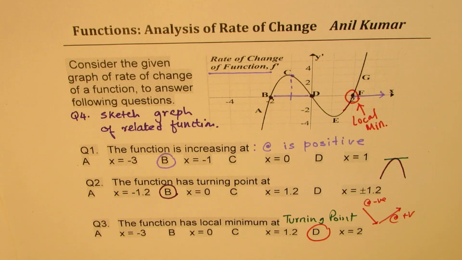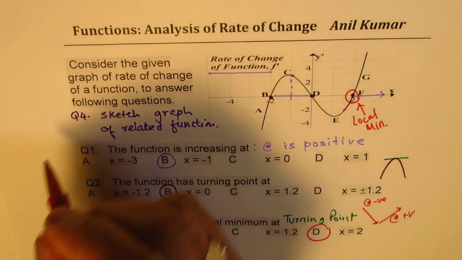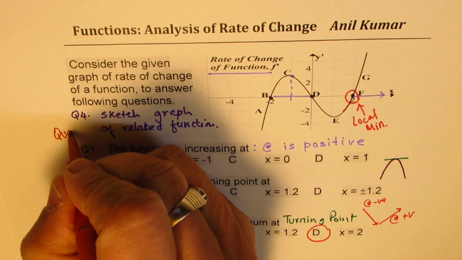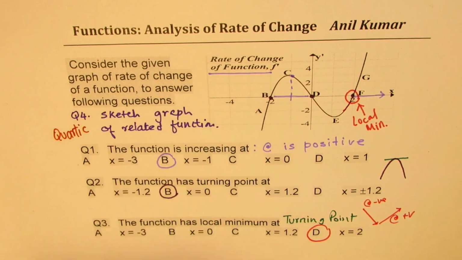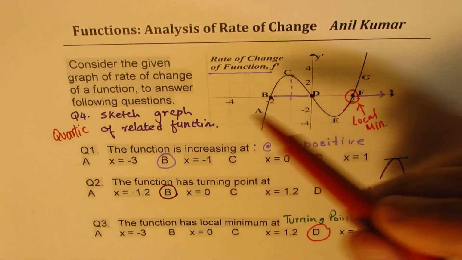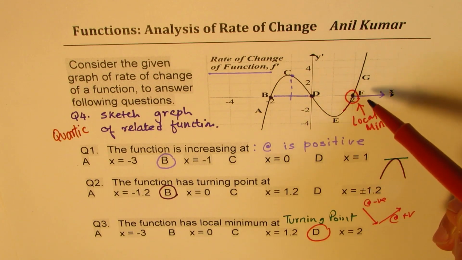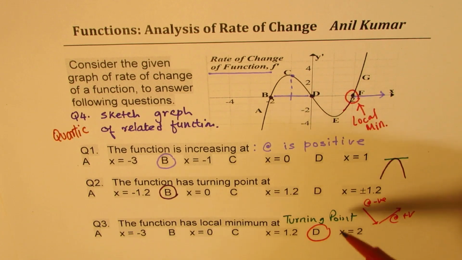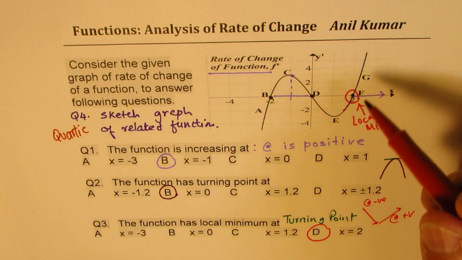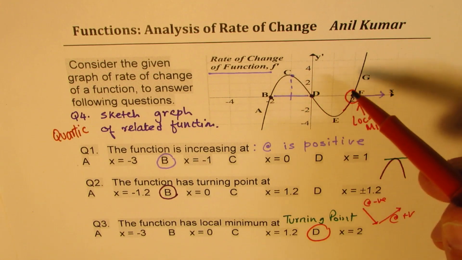So what do you expect? So the graph of this should be quartic, correct? So I'd like you to sketch the graph of the function now from here, right? So I hope with this information, that is not difficult. So you can actually now pause the video once again and sketch the graph of the quartic function, which could have rate of change as shown here.